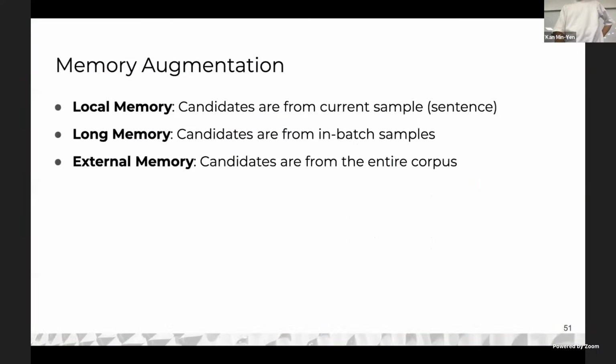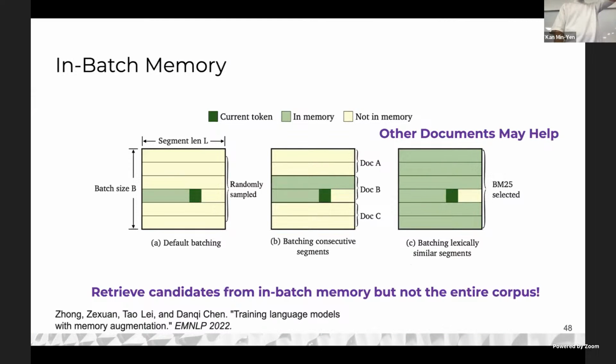So here they use the BM25. What I think is that BM25 is a large filtering step for the entire corpus, and during training, they rank the candidates inside the batch. So that is a two-stage filtering.